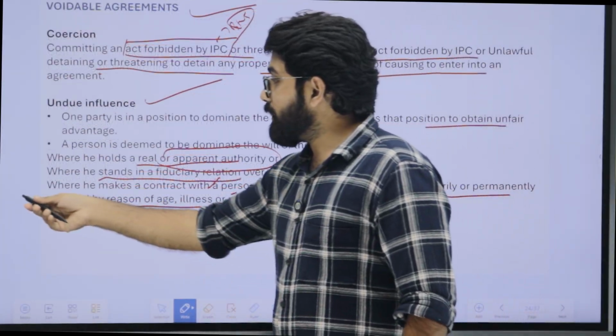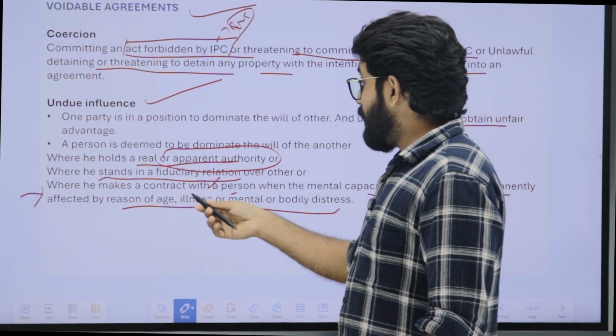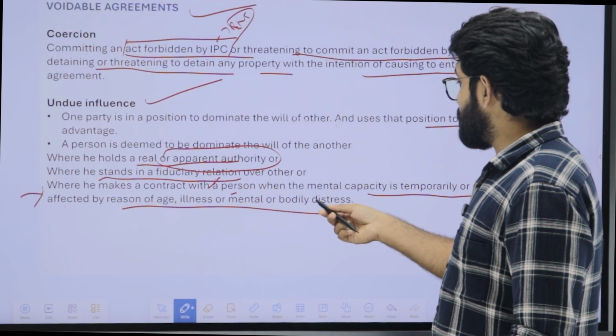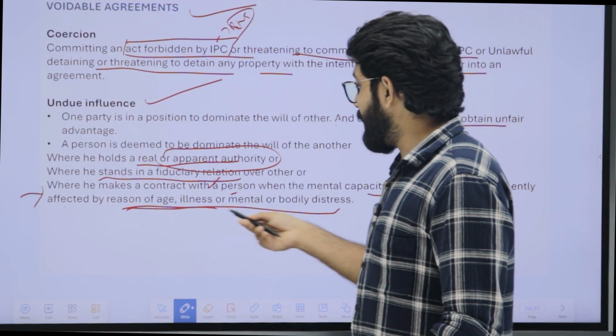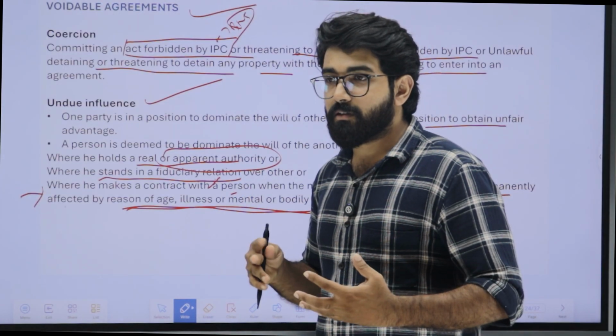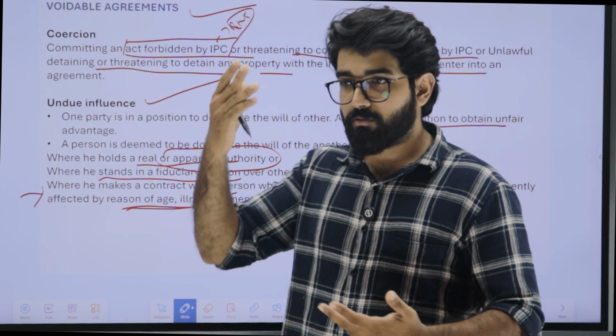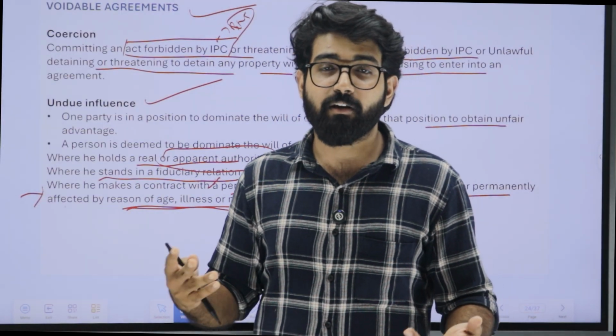And also about the last point, we have read this last point: made a contract with a person when the mental capacity is temporarily or permanently affected by reason of age, illness and mental or bodily distress. Which means, think about a scenario. This always happens every now and then.